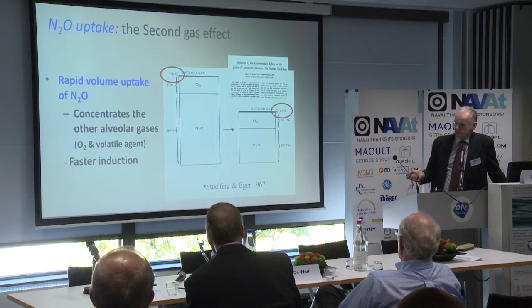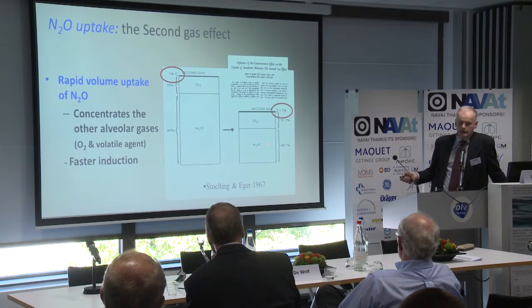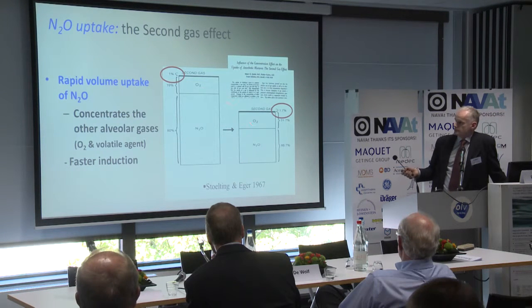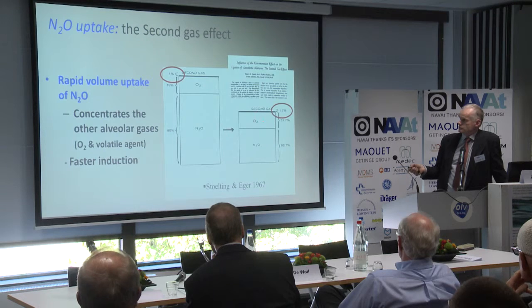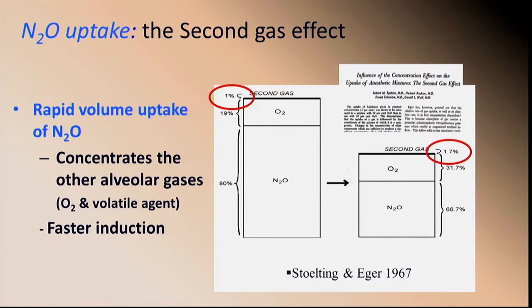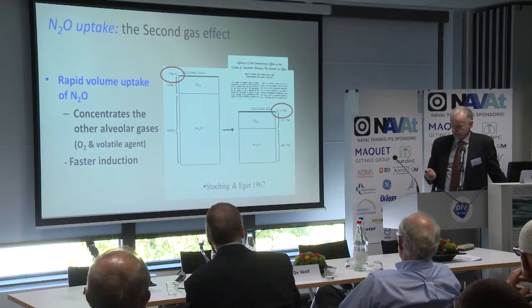And they used this classic diagram, which you'll still find reproduced from time to time in the textbooks, of this lung compartment where half the nitrous oxide is taken up. And what that does is it increases the concentration of oxygen and second gas from 19% to 32%, from 1% to 1.7%. It's a concentrating effect.